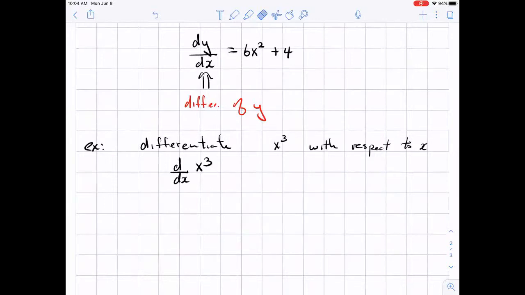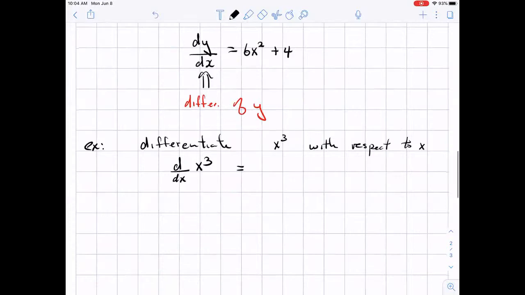Now, these variables should look alike, so I'll make sure that they are alike. Because if they're not alike, then you have to write it differently. So what is this equal to? Well, this here we know is 3x squared.